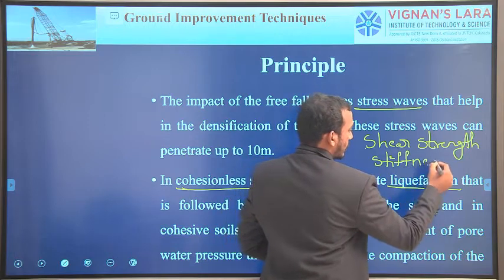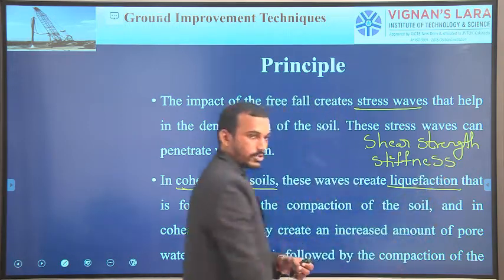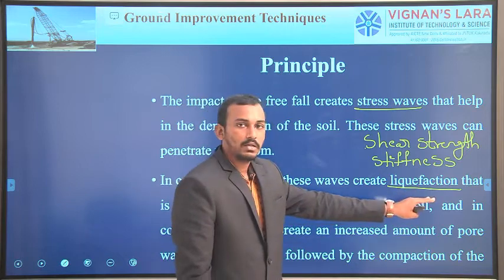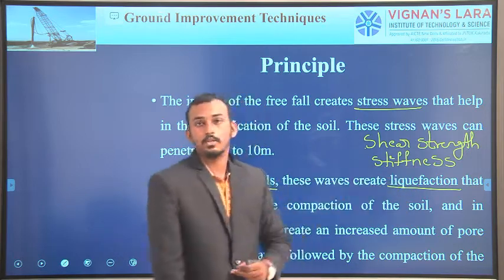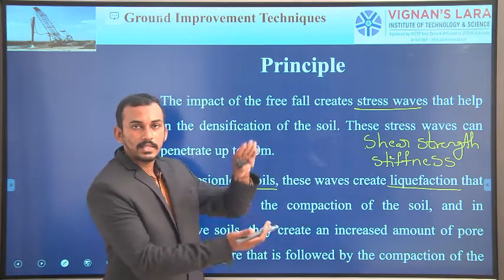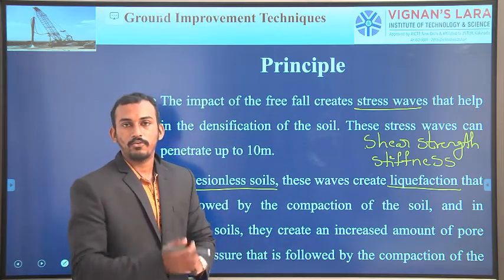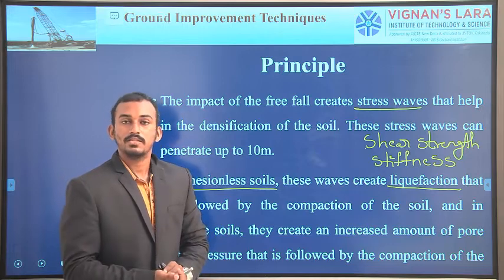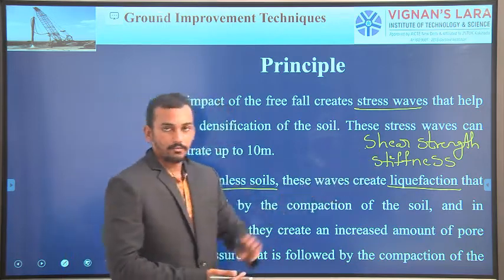Stiffness means resistance to deformation. Once liquefaction occurs, these two values are 0. If we apply a certain load on the soil, it will not deform very easily; it offers some resistance. That is known as stiffness.